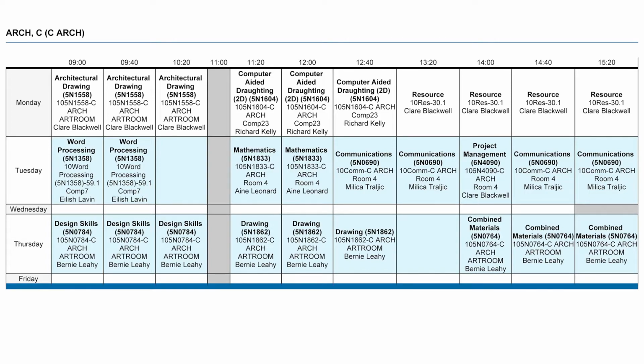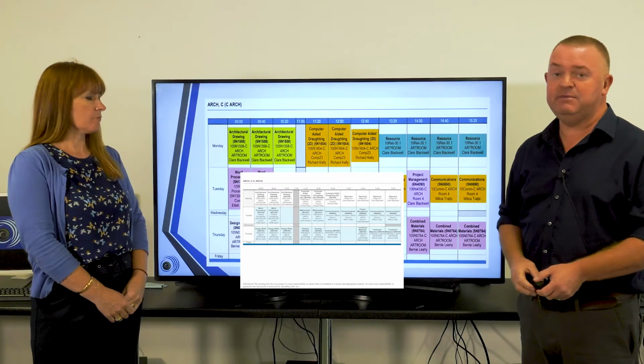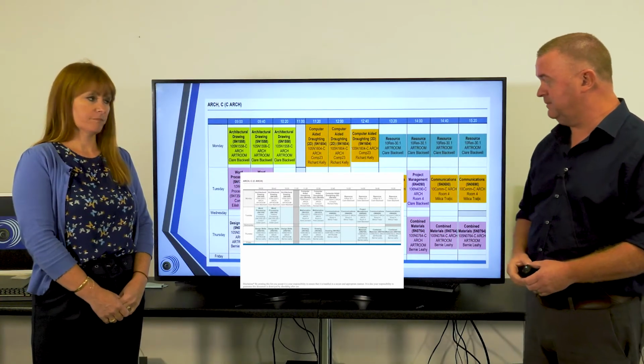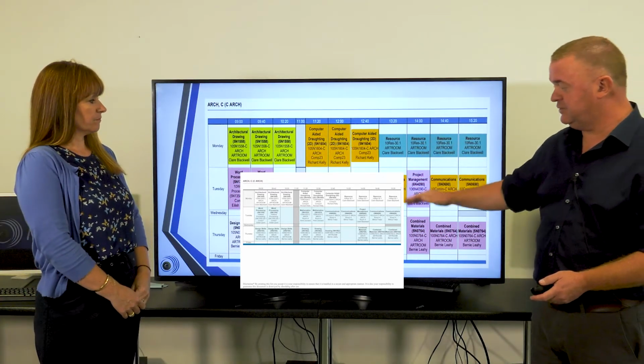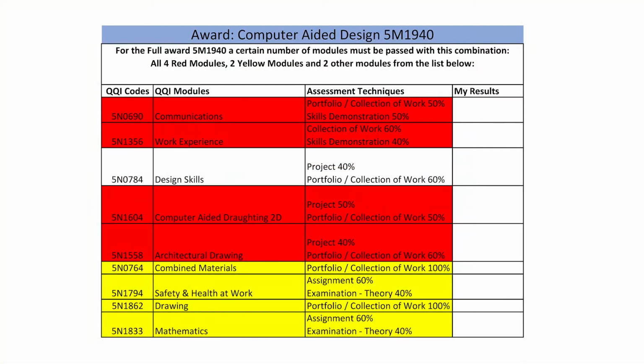Just so you know how to read it, this program takes place on a Monday, a Tuesday and a Thursday. And in each module it tells you the name of the module, the name of your teacher and the room it's located in. So this person is in on a Monday, a Tuesday and a Thursday, and there's all the different modules. When you're reading your timetable and it comes to selecting the modules that you have to study to gain a full award, QQI set the criteria.